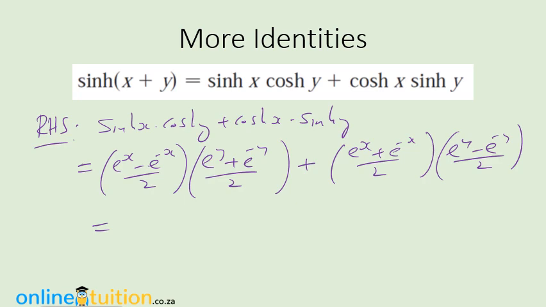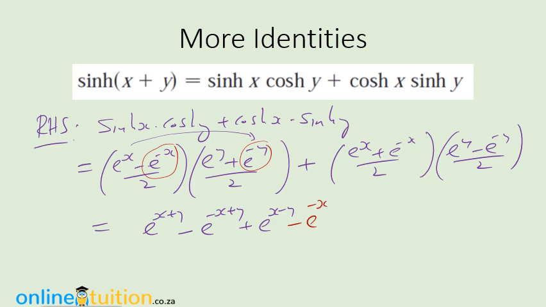Multiply that out, the 2 and 2, that's going to be a quarter. e to the x times e to the y is e to the x plus y, correct? Then the middle term is going to be minus e to the minus x plus y. Just remember we're multiplying. Then the outer term would be plus e to the x minus y, and finally these two over here. When I multiply, there's a minus sign, and you're going to get e to the minus x minus y, all over 2 times 2 is 4.